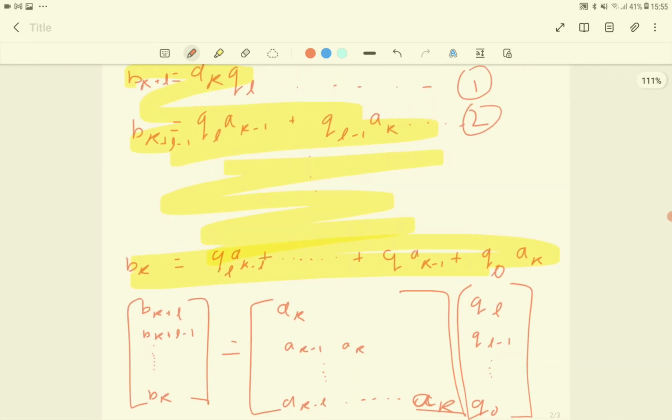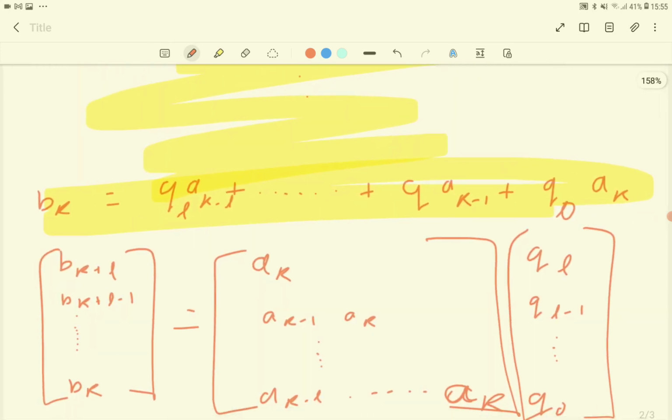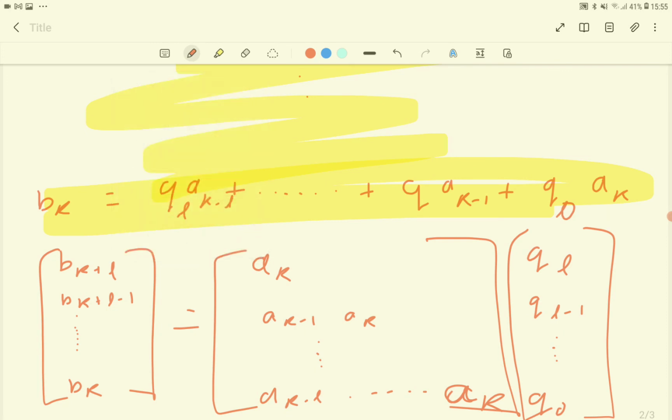Now if you see this middle matrix, the coefficient matrix, and you find the determinant, it will be basically a_k to the power, maybe, l plus 1, and we know that a_k is not 0, right?